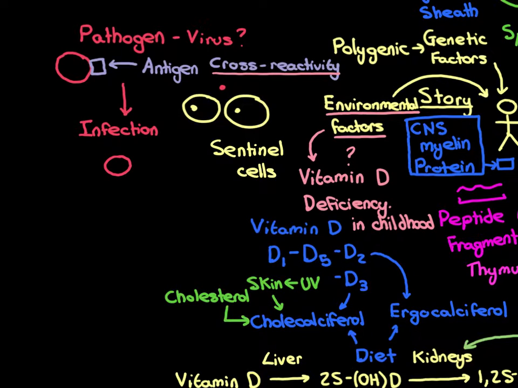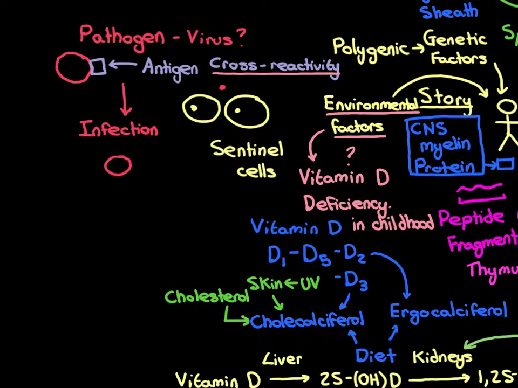However, this initial infection by the pathogen that's going to initiate this adaptive immune response that's going to attack the CNS myelin protein, it almost certainly is probably not in the central nervous system. It's going to be in some other tissue, because infections of the central nervous system are incredibly rare and incredibly dangerous. So it's going to be far, far away, so it's most likely going to be the normal types of sentinel cells that are going to be present in this tissue.